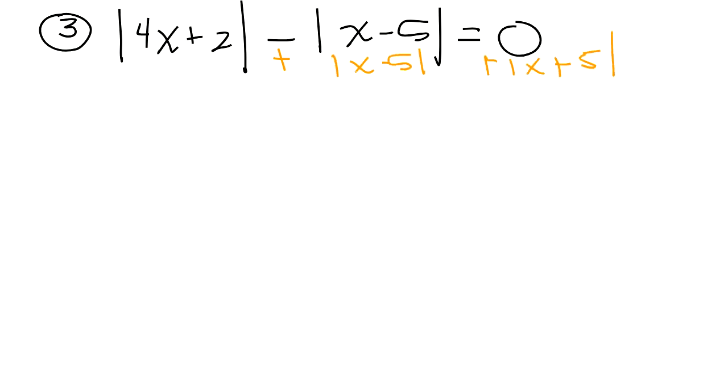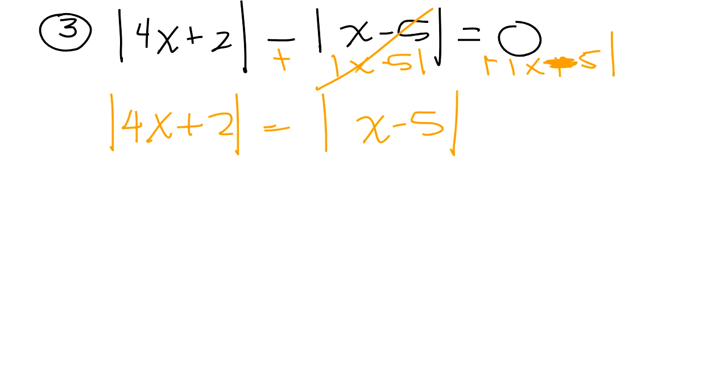That looks a little bit weird, but all we're really doing is taking it and transferring it over. So it's going to look like absolute value 4x plus 2 equals absolute value x, oh, it's minus 5. Minus 5. So now we've got one on each side.